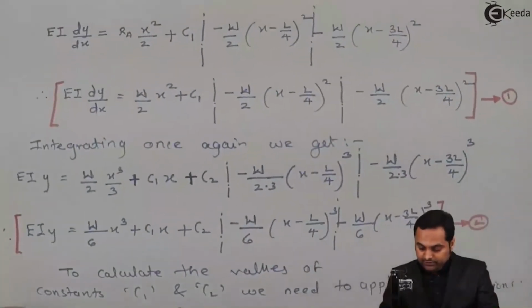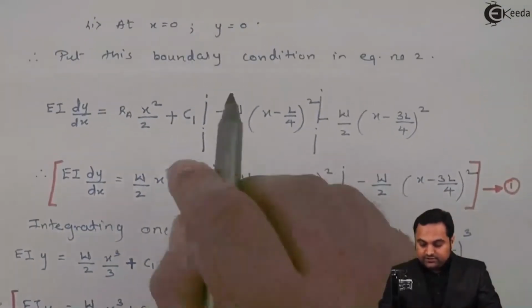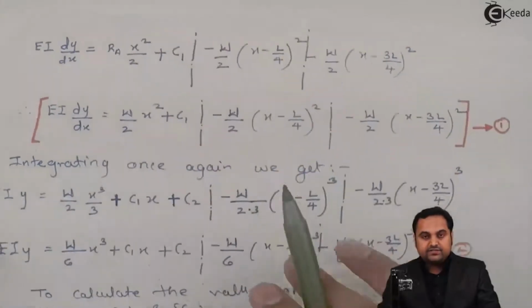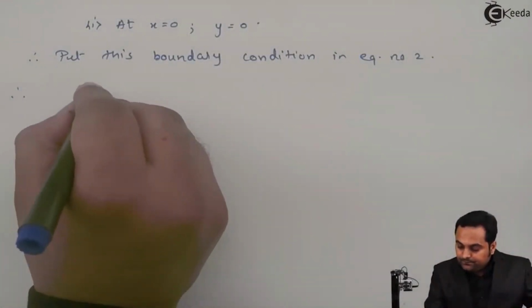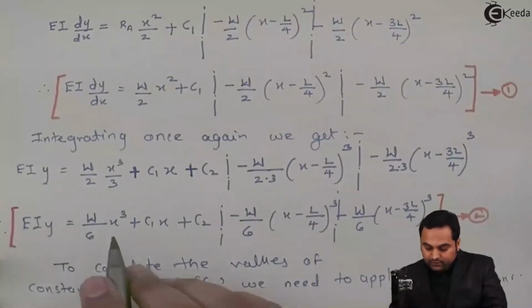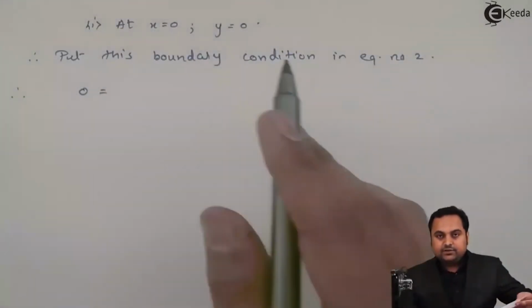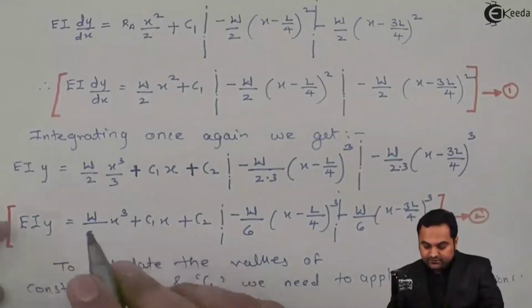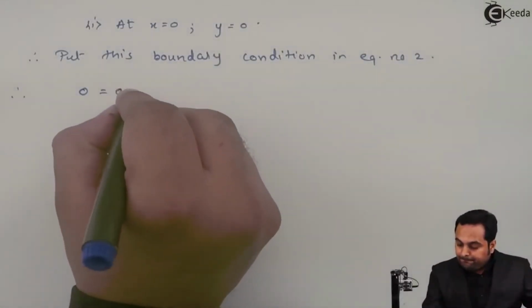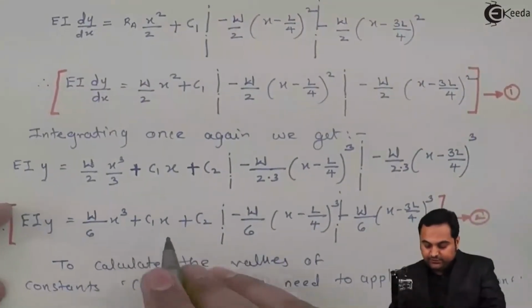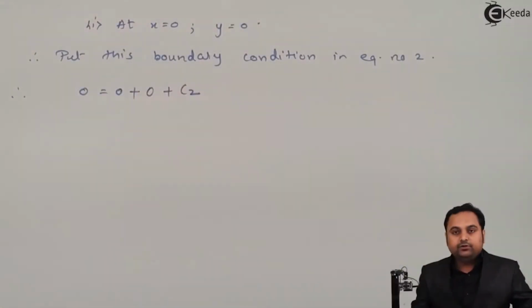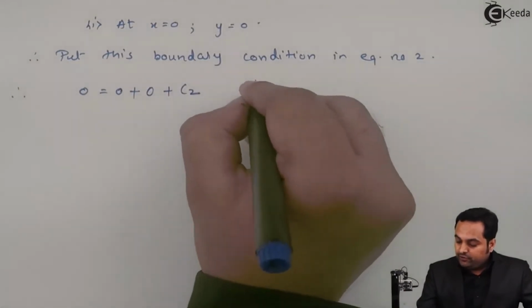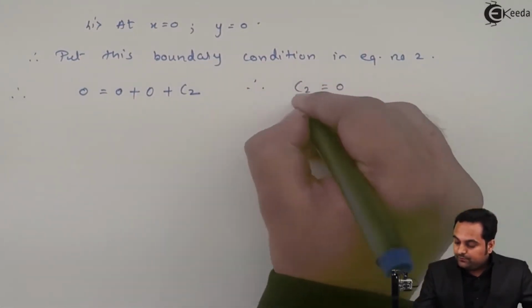First, at x equal to 0, y is 0. So left hand side becomes 0, and on the right hand side x is 0, so the first term becomes 0, plus C1 into x, x is 0, plus C2. We have to write it only up till here. So therefore C2 becomes 0.